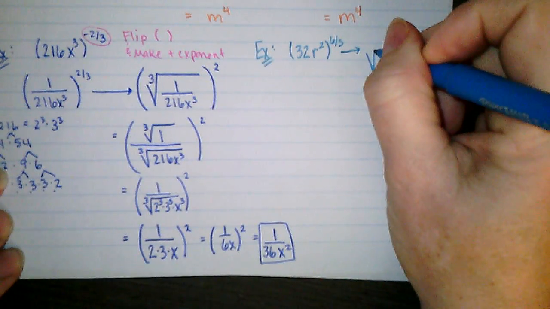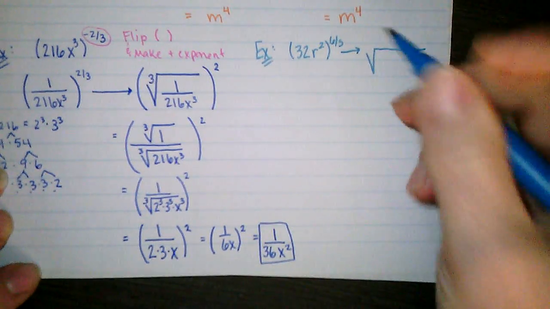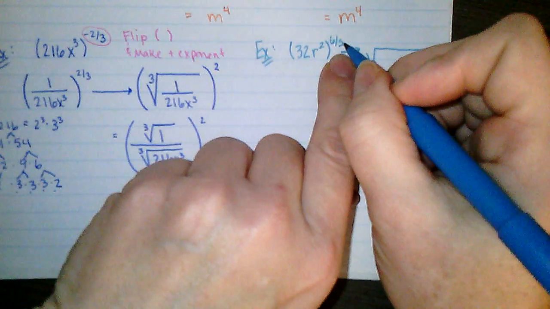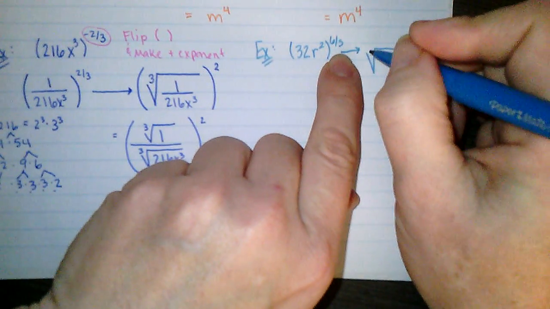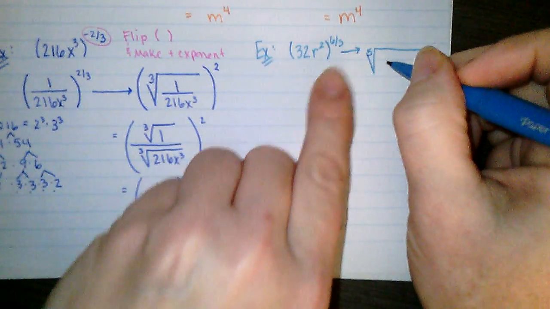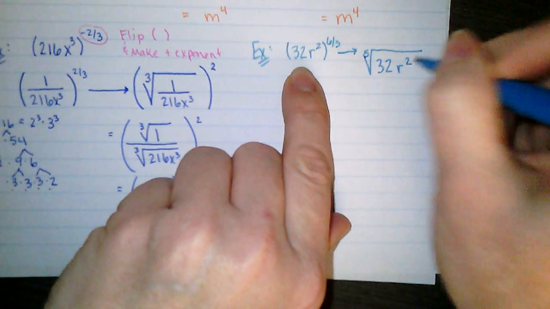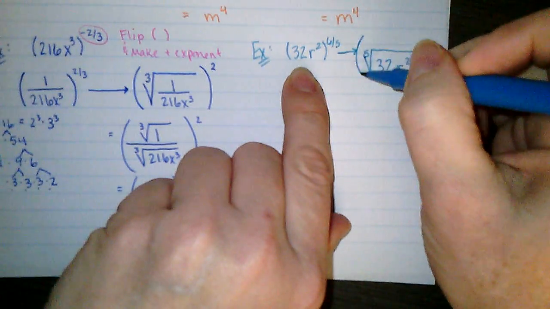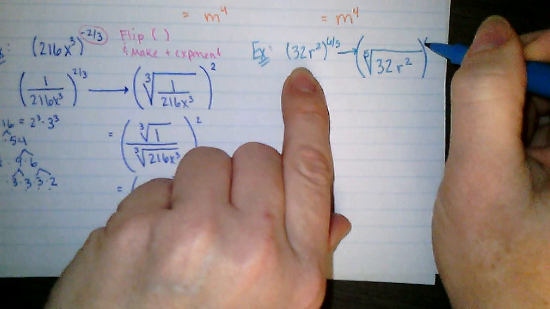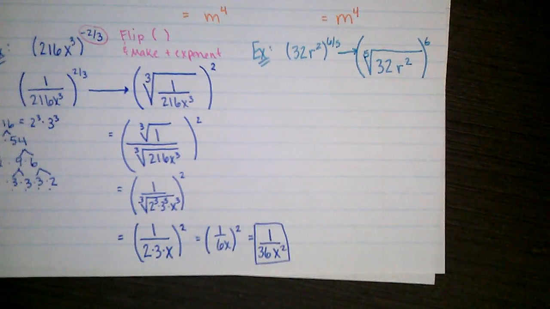In radical form, I don't know why I made that radical so big. The index of the radical is going to be the denominator of 5. The radicand is going to be my 32r squared. And then I'm going to take that 6 and make it a big power outside.